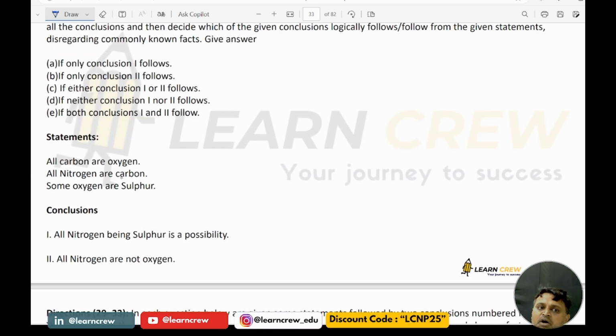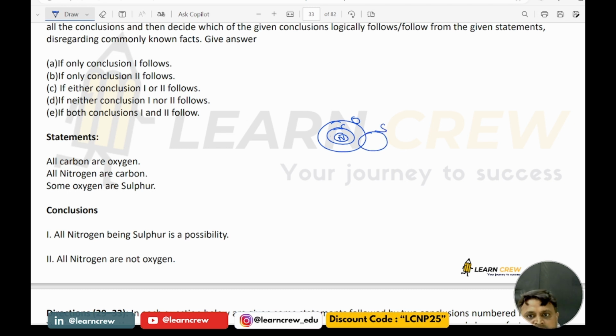All carbon are oxygen. All nitrogen are carbon. Some oxygen are sulfur.